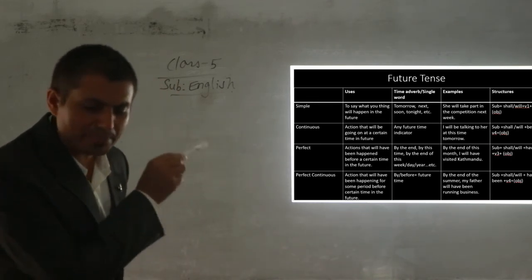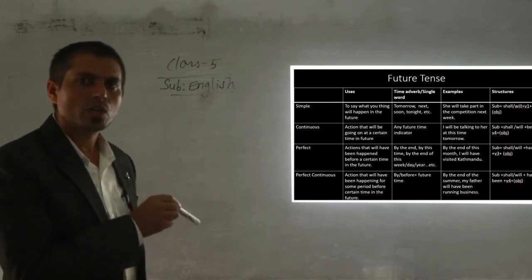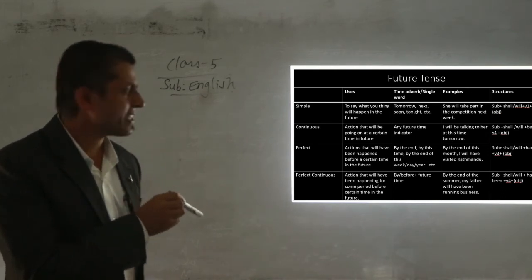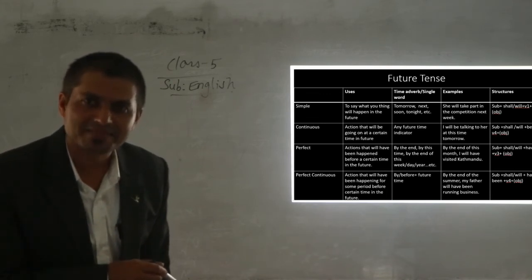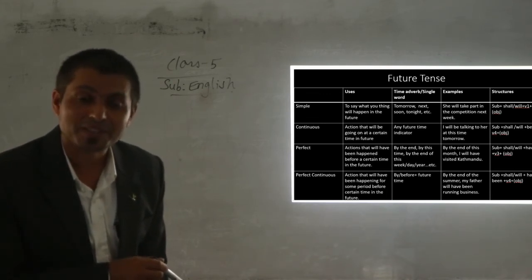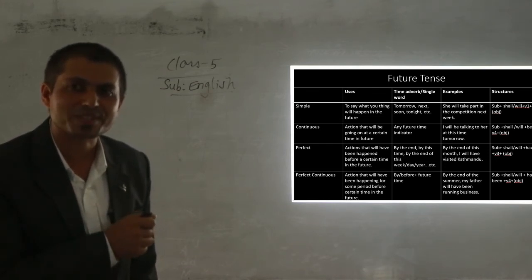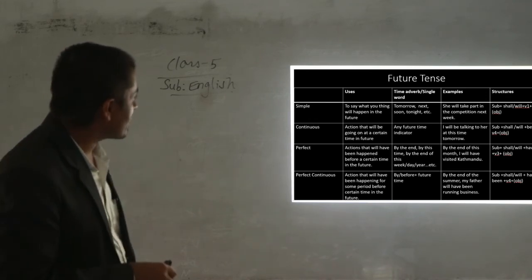My dear student, look at number C. We are enjoying the occasion. Future continuous tense. Right? How do you change it? Do you have an idea? I told you before. You must be able to do this. Please, this is the time given to you. My dear student, how do you change it?